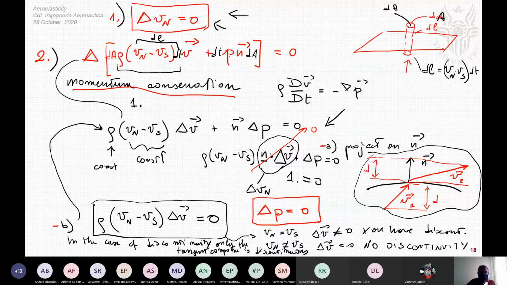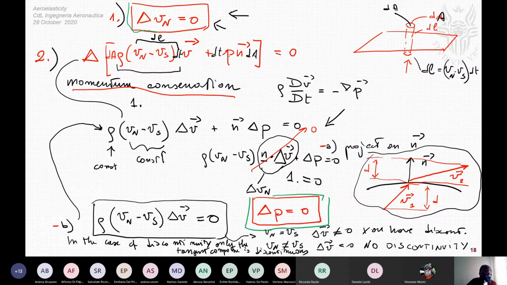So at the end, we have two final conditions to be imposed. This here, no normal component of the velocity discontinuity, number one, and as a consequence, number two, we have no pressure jump. So this and this.